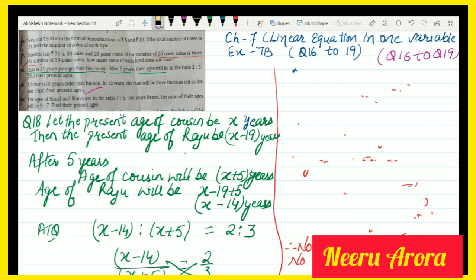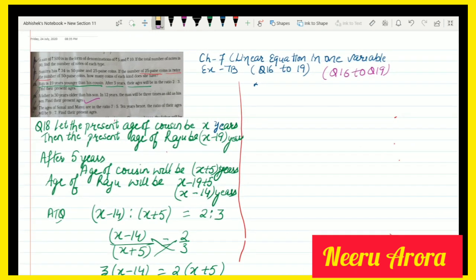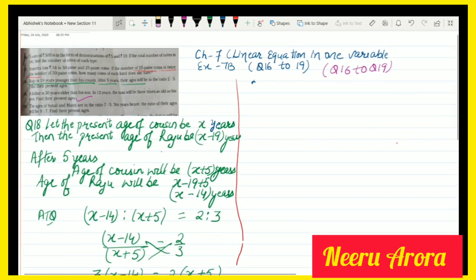In 12 years, meaning after 12 years, the man will be 3 times as old as his son. Find their present ages.